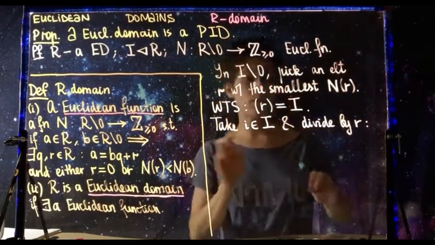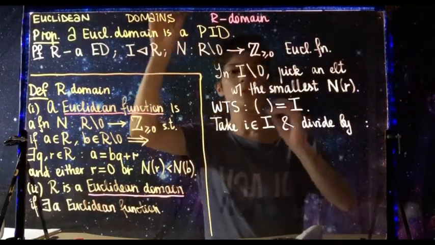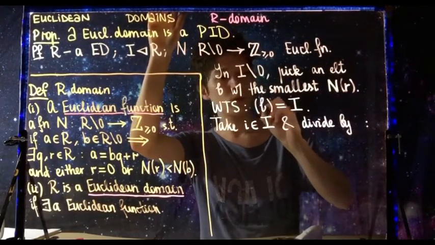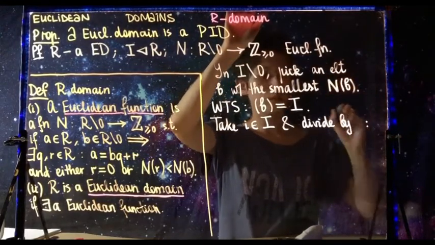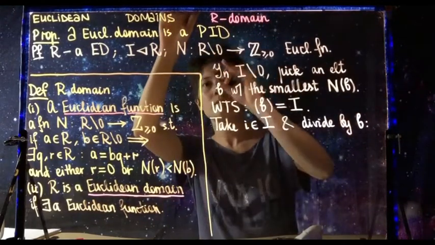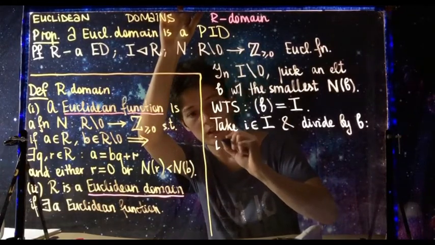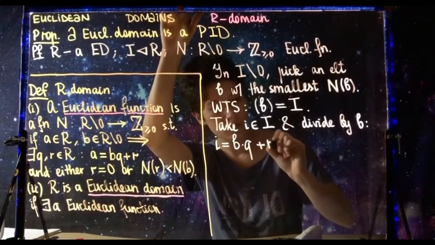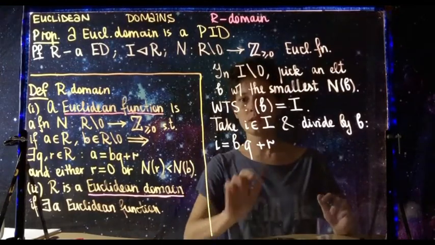Oh, I think I picked a wrong letter R. I will replace it with B. So we want to show that, and divide by B. So i is equal to B times Q plus R. And R is the remainder.